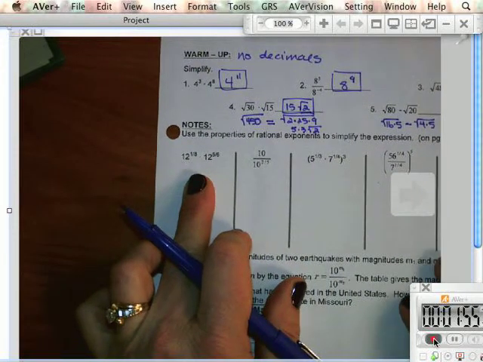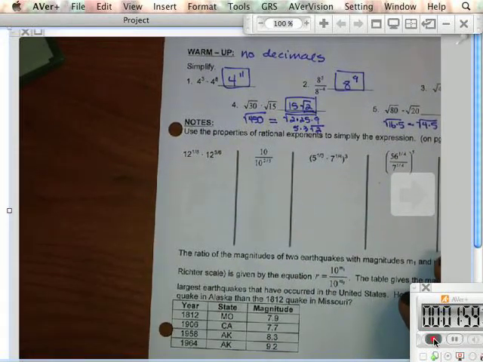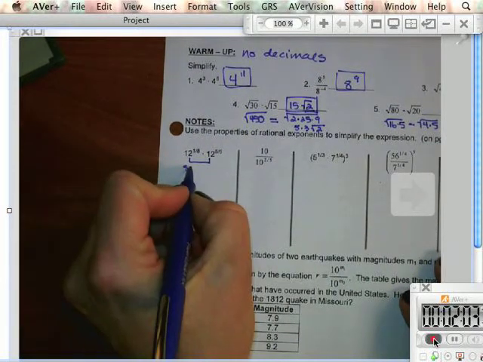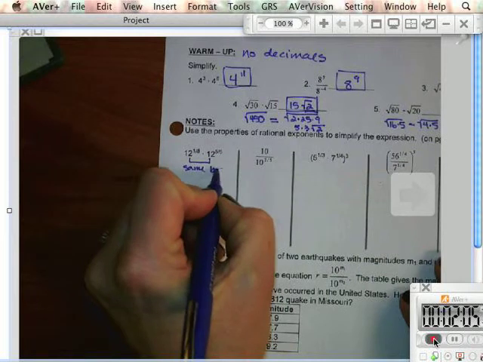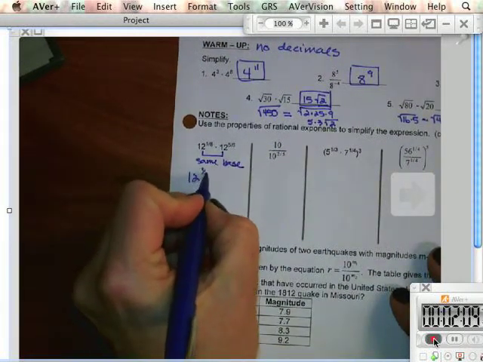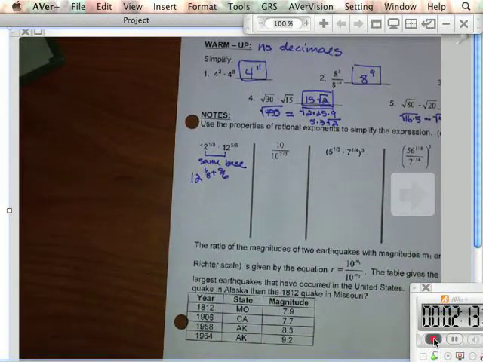When you're multiplying powers with the same base, what do you do to the exponent? Oh, and look, they're fractions, so you get to add fractions. Same base, so I have to add the fractions. They're not quite in the same denominator yet, so what would be the least common multiple for 6 and 8? 24, right on.